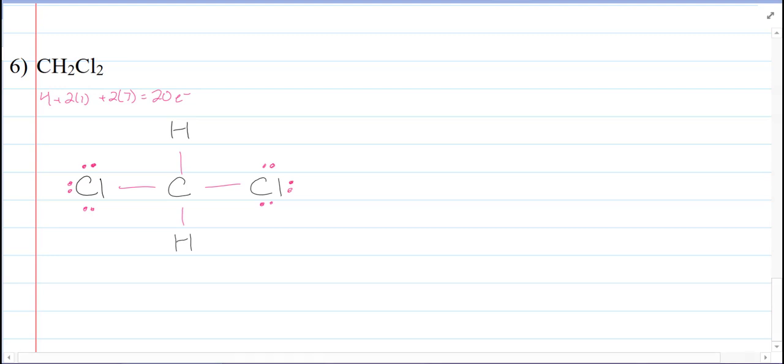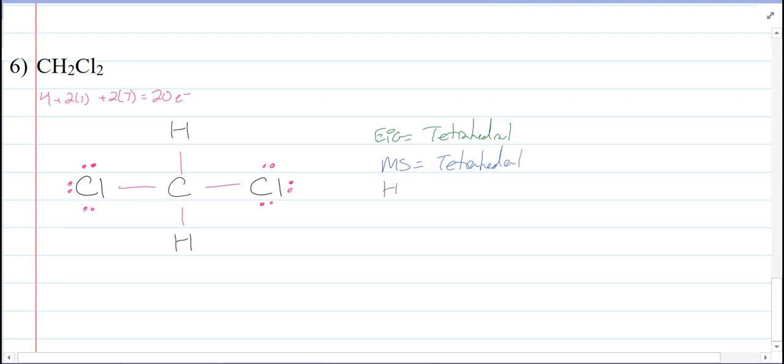Okay, is that a good Lewis structure? Yes. Electron pair geometry is carbon with 4 bonds, tetrahedral. The shape is also tetrahedral.